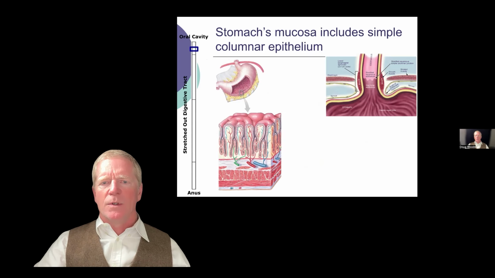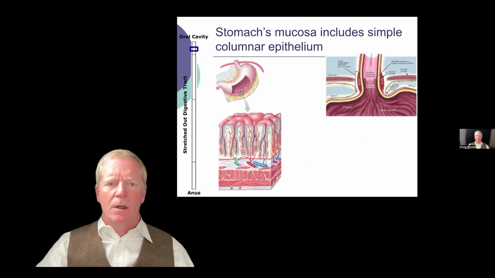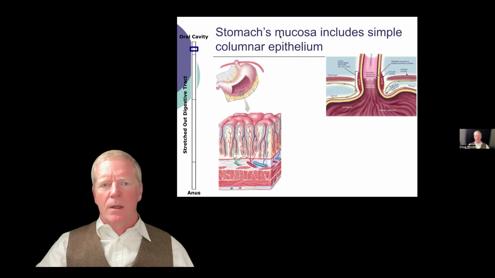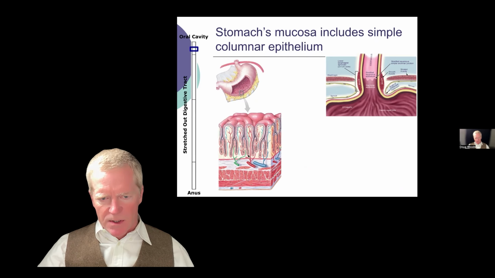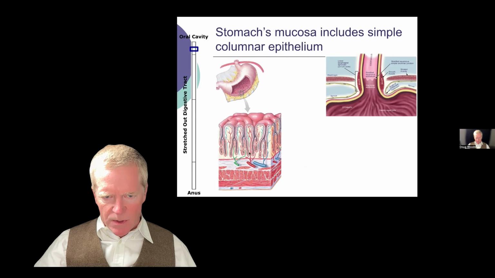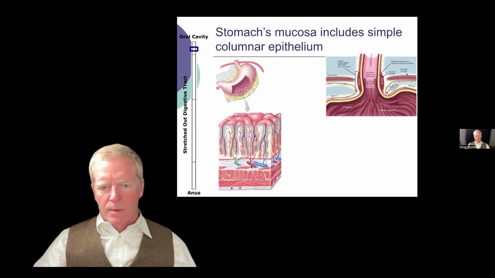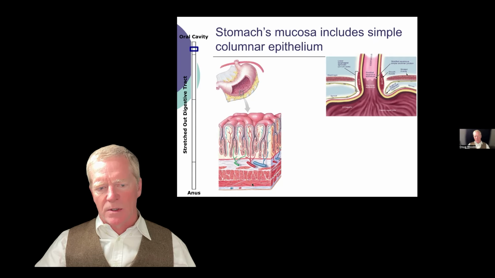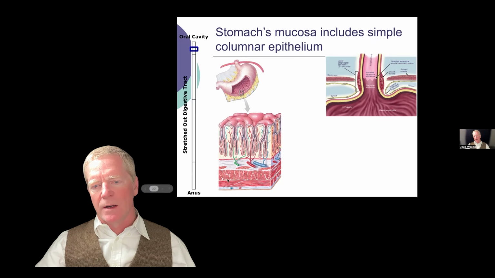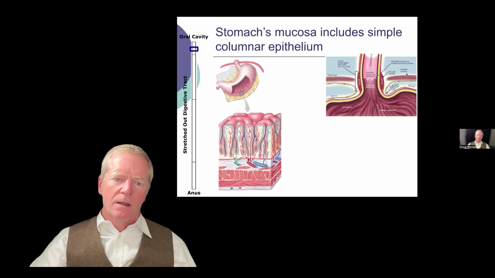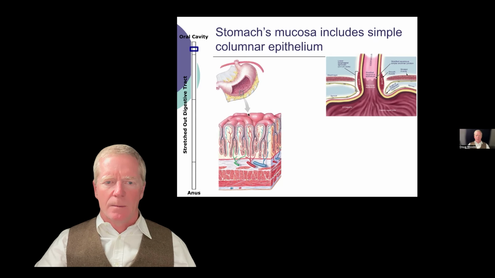Now, if we take a microscopic look at the stomach's mucosa, you can see that it has a simple columnar epithelial structure. So these are cells here. These tiny little squares are cells. They have a rich blood supply here at the bottom. This is the smooth muscle layer at the lowest part, furthest away from the interior of the stomach, and up here is where the mucus is going to be secreted.